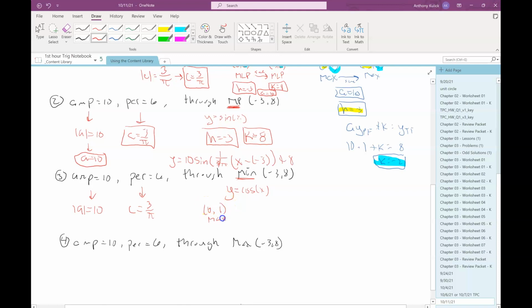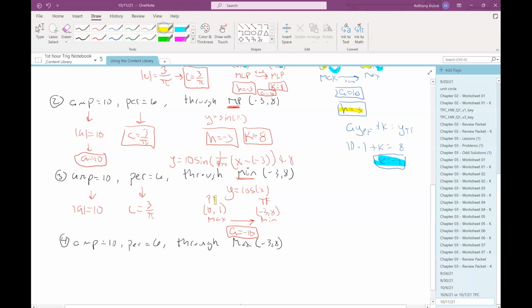So the point from the parent function I'm going to use for cosine is 0, 1. And my transform point that I have is -3, 8, which is a minimum. Since the parent function is a maximum and the transform function is a minimum, it's opposite. That tells me the A value is -10.